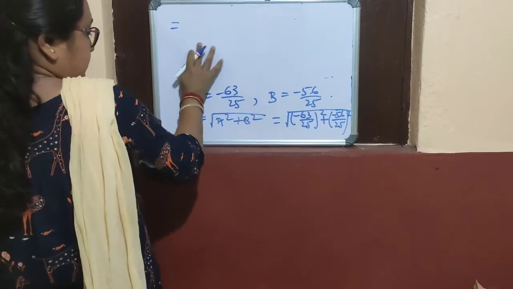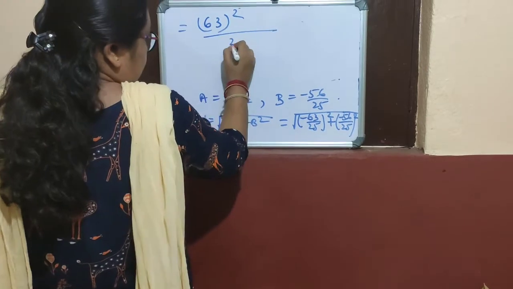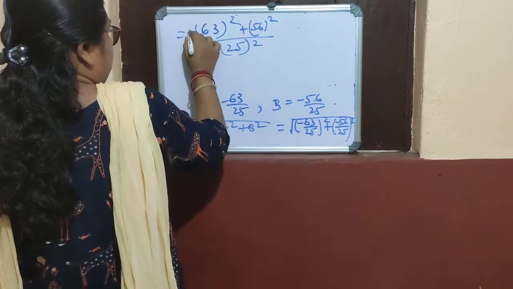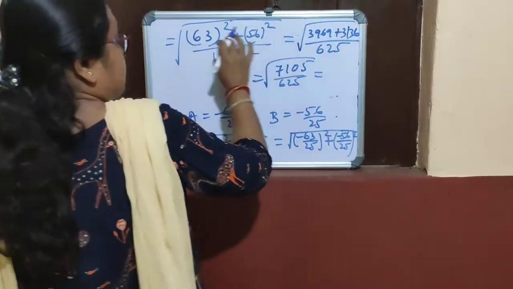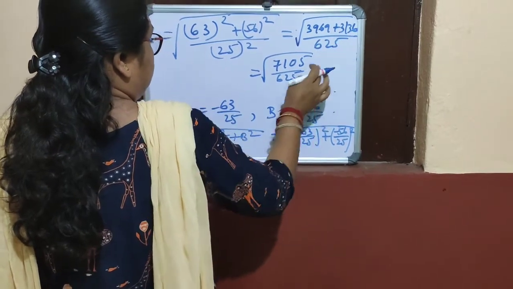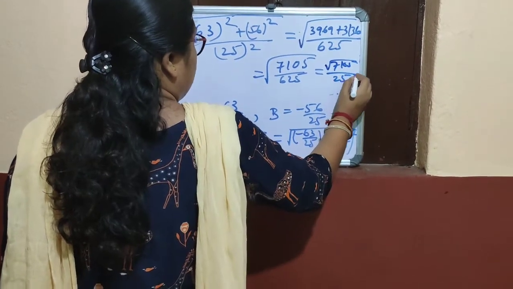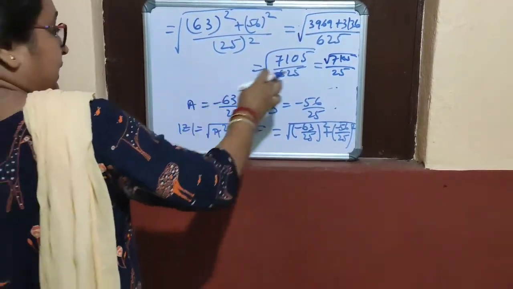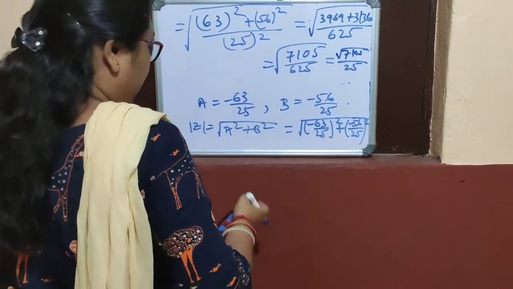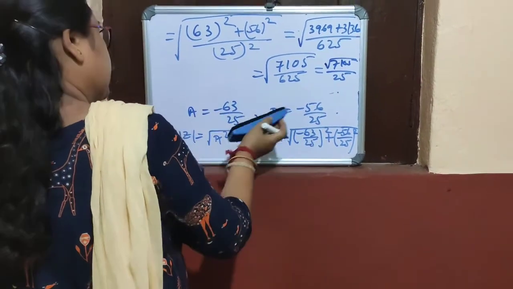This is equal to the square root of 63 square by 25 square plus 56 square. Now 63 square is 3969 and 56 square is 3136, divided by 625, and the total is 7105 divided by 25. This is the value of the modulus. At first you convert to a plus ib form, put the value of root over a square plus b square, and find the result.